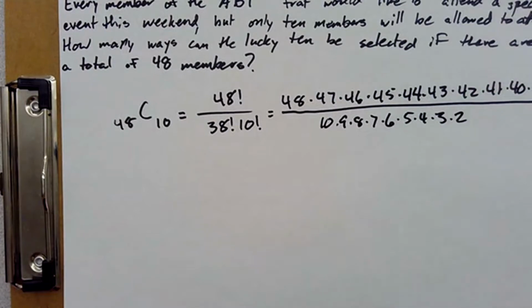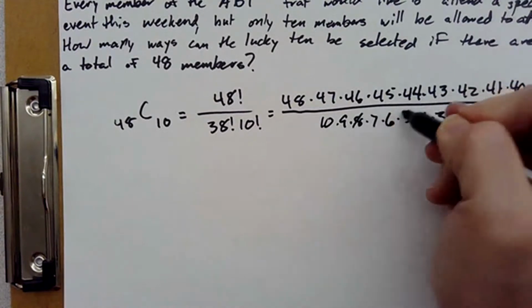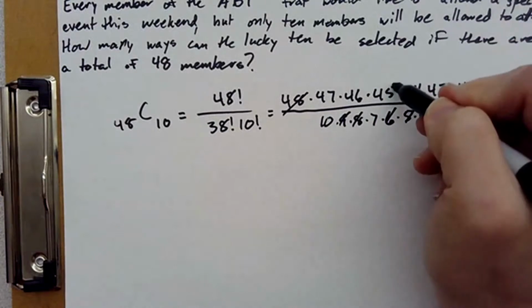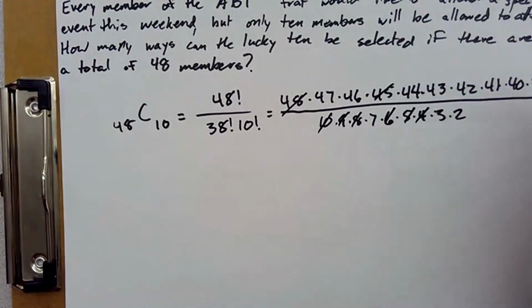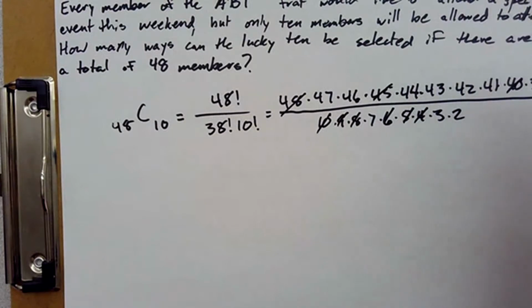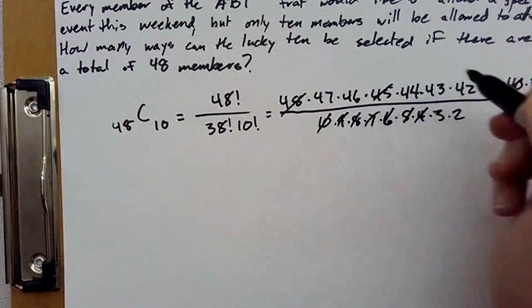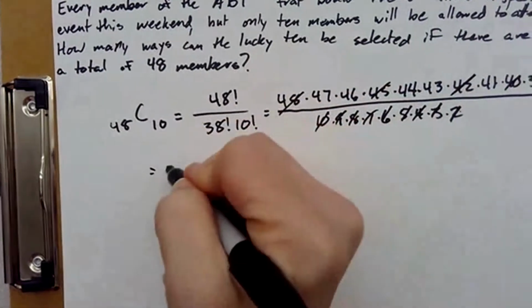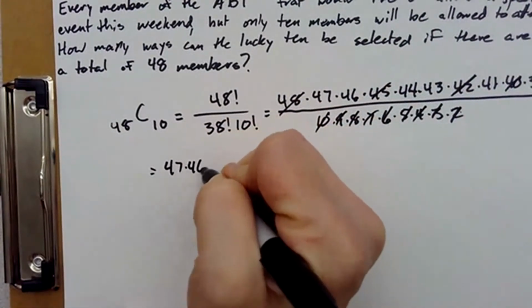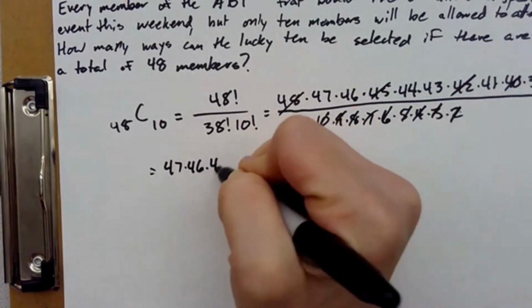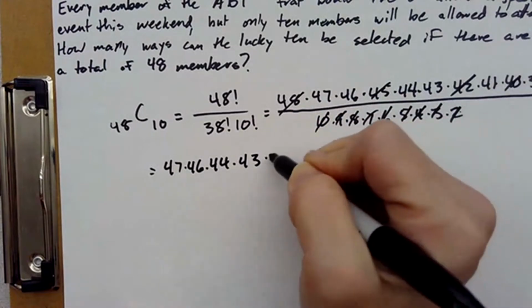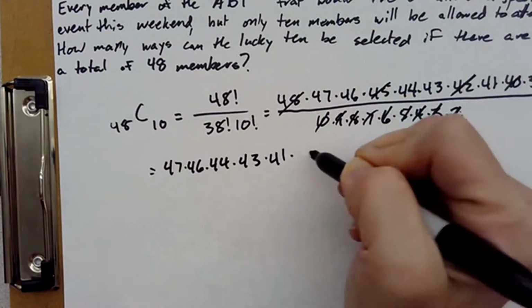And again, don't bother with the 1. 8 times 6 is 48. 9 times 5 is 45. 10 times 4 is 40. 7 times 3 times 2 is 42. That leaves us with 47 times 46 times 44 times 43 times 41 times 39.